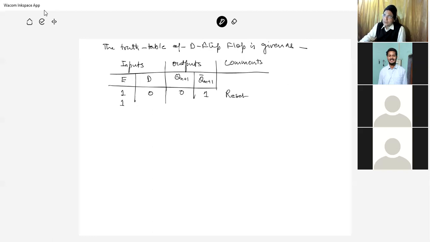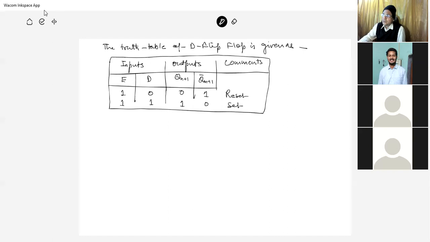Clock is 1, D is 1, this is 1 and 0, then it is called set. Then it is called a set point.